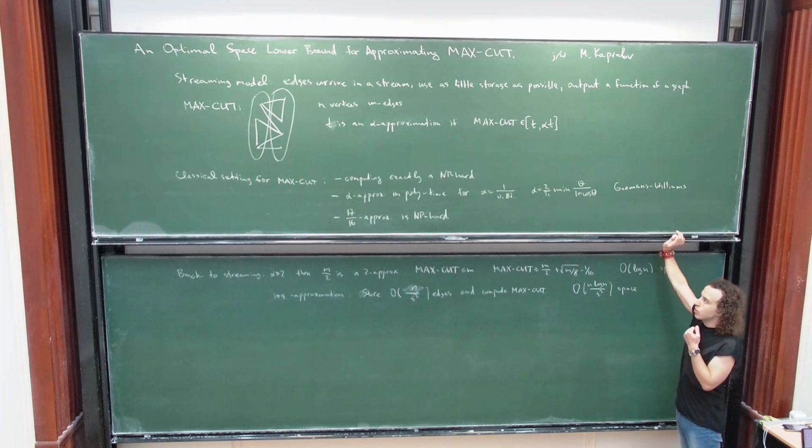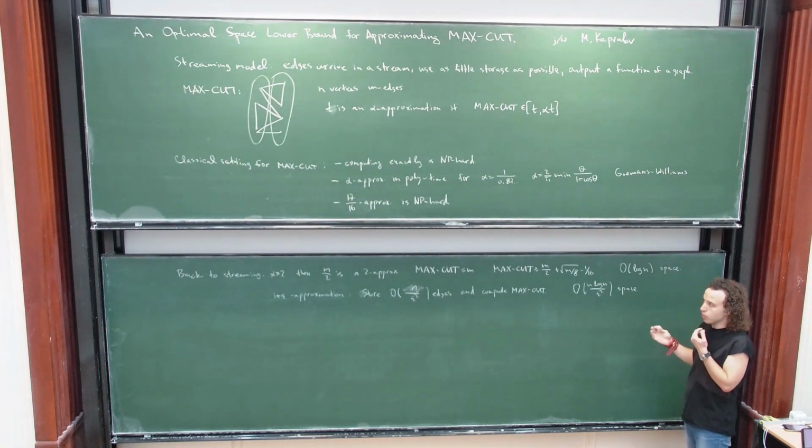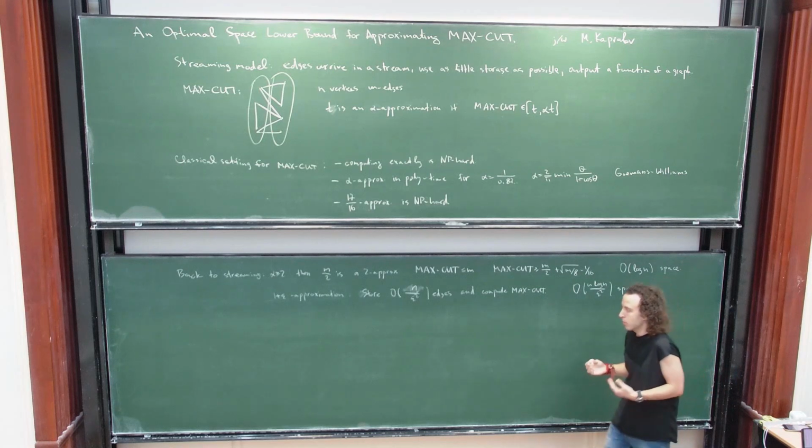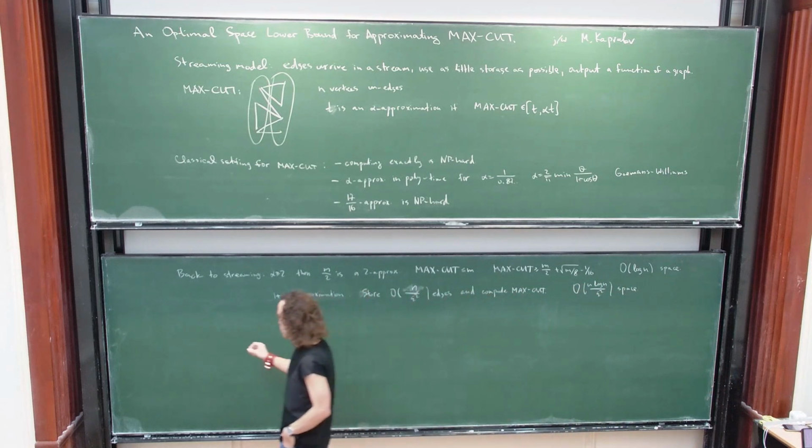So the natural question becomes if there is anything in between. What is the trade-off between the approximation factor and the space complexity?